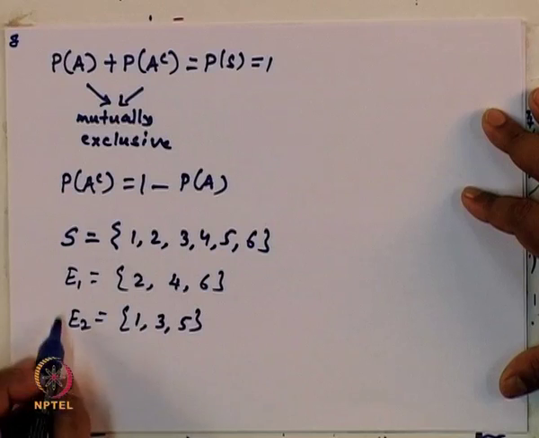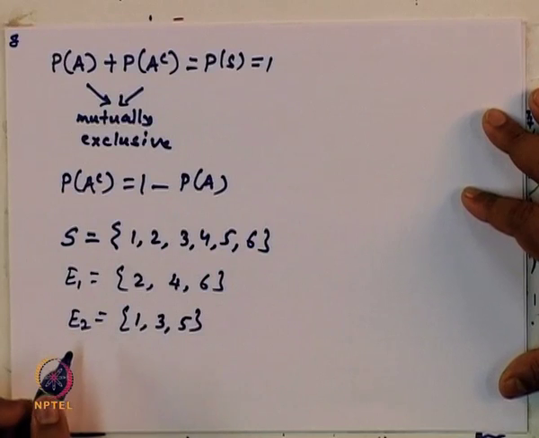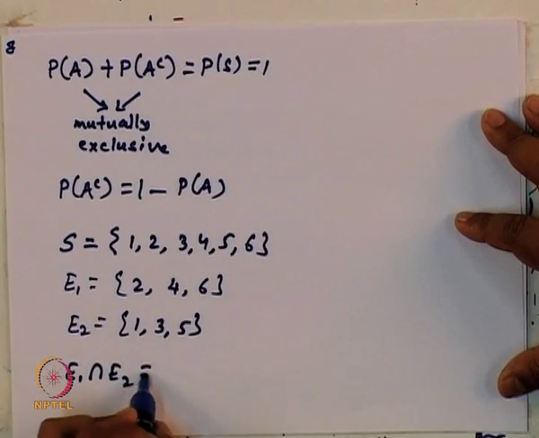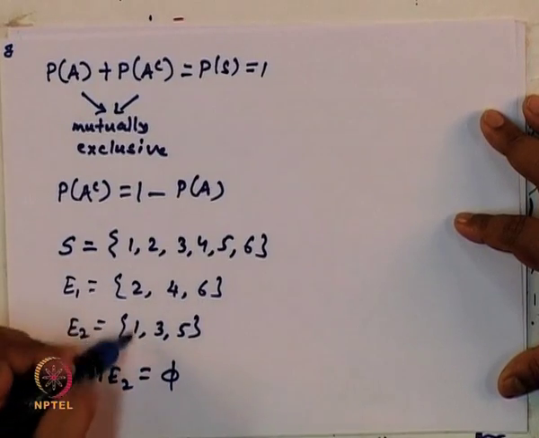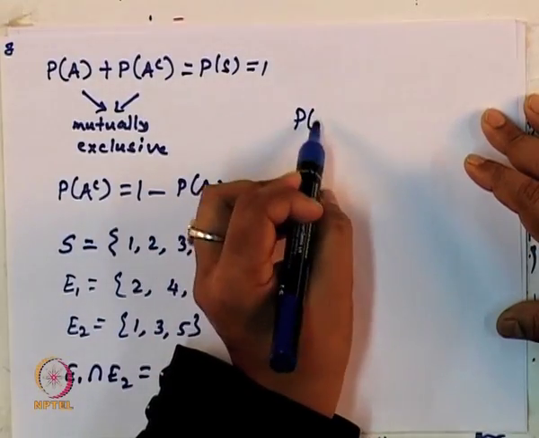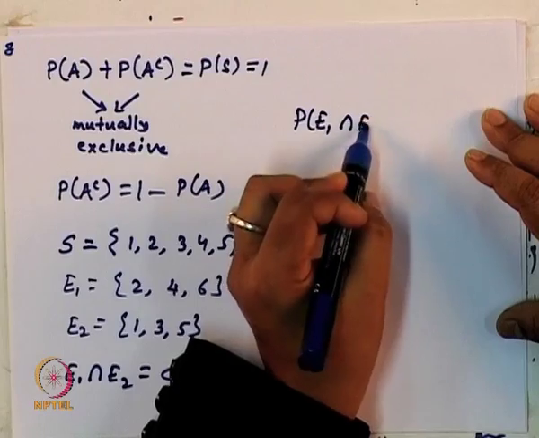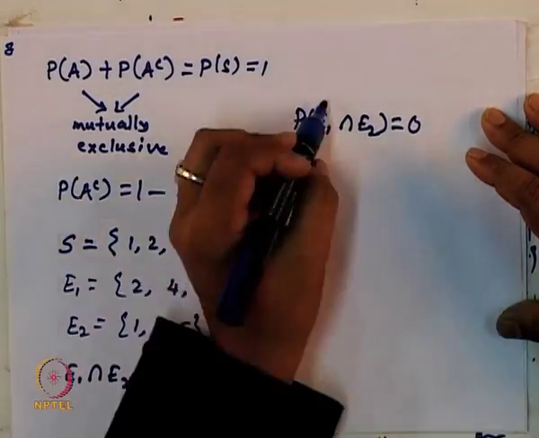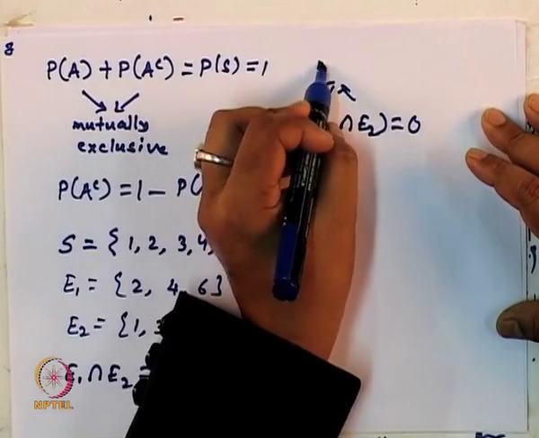So these are two events. I can clearly see that E1 intersection E2 is empty. There is no number which is common in these two events. So, I can write the probability of E1 intersection E2 is equal to 0, because these are mutually exclusive.